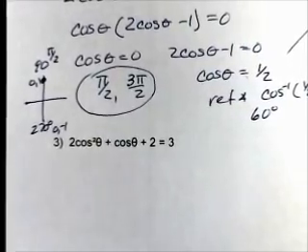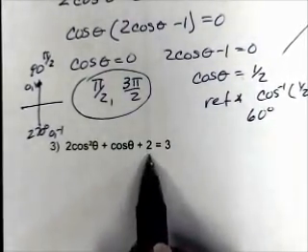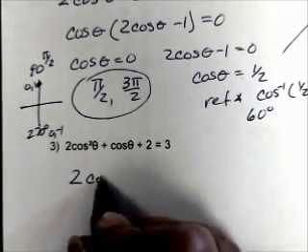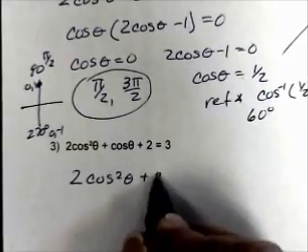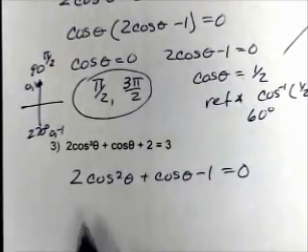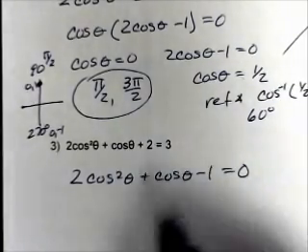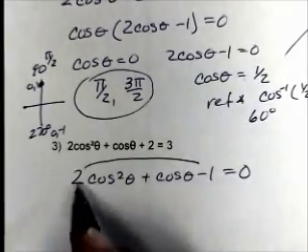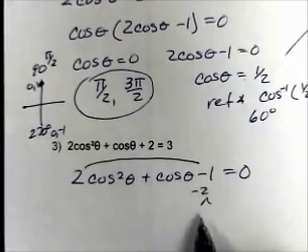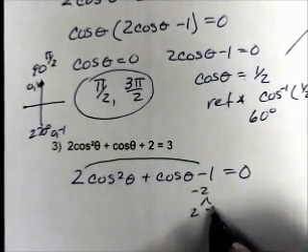Number 3, quadratic, put it in standard form, subtract 3 from both sides. That's going to get us 2 cosine squared theta plus cosine theta minus 1 equals 0. This is a quadratic, but the lead coefficient is not 1, it's 2. So if we multiply 2 times the constant -1, that's -2. The factors of -2 that add to 1 are +2 and -1.